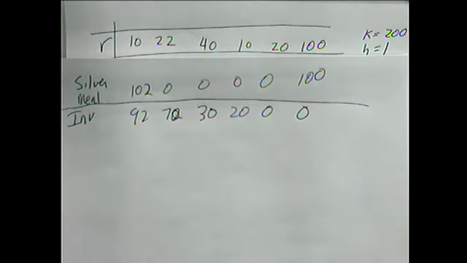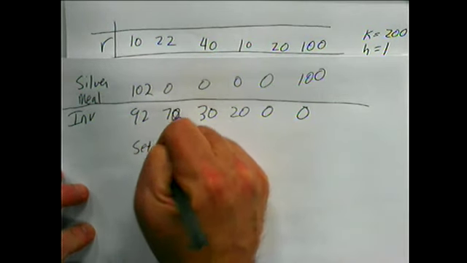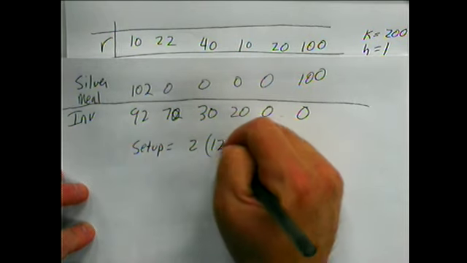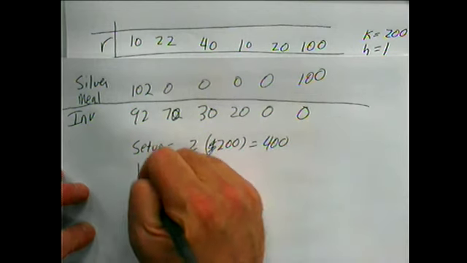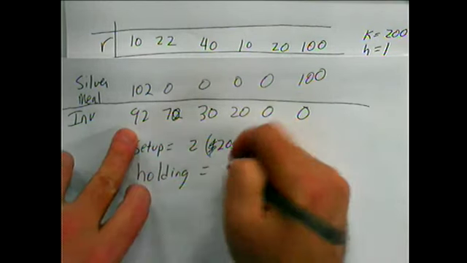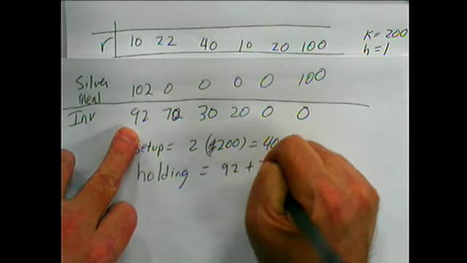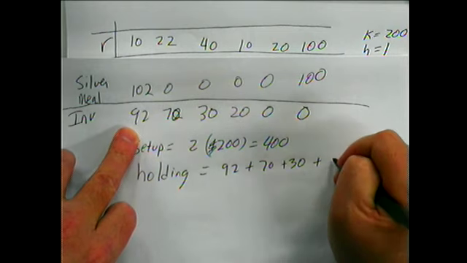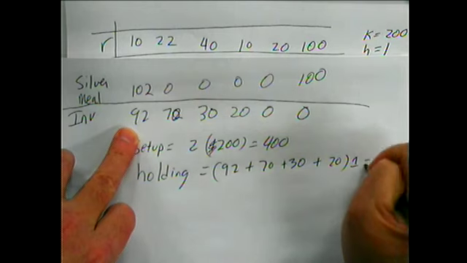Okay, so what's my setup cost here? Well, my setup cost is 2 times 200, which is $400. My holding is $1 per unit per week, so it would be 92 plus 70 plus 30 plus 20 times the $1 per week.